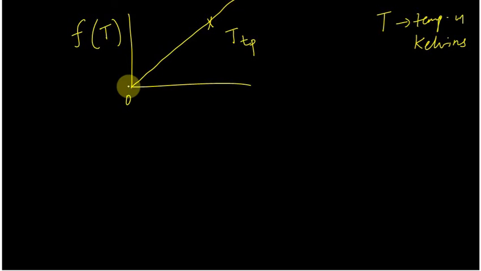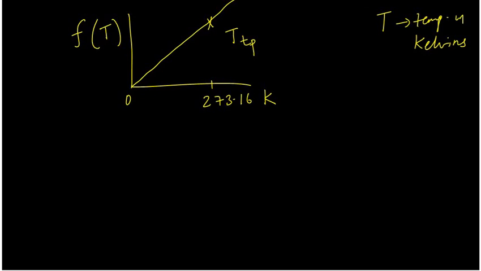Let's join these 2 points, and the temperature you get over there is 273.16 Kelvin, not 15 Kelvin. 15 was the melting point. 16 Kelvin, very precise, is the triple point of water.